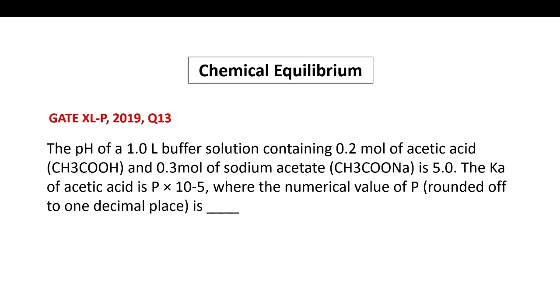The pH of the buffer is also given, and if you have some idea about chemical equilibrium, then this kind of question is related to the Henderson-Hasselbalch equation, because there we calculate the pH with respect to the weak acid and conjugate base pair, specifically for this kind of buffer.